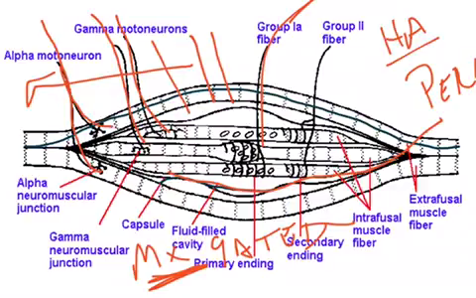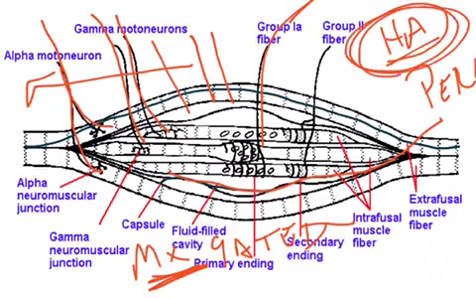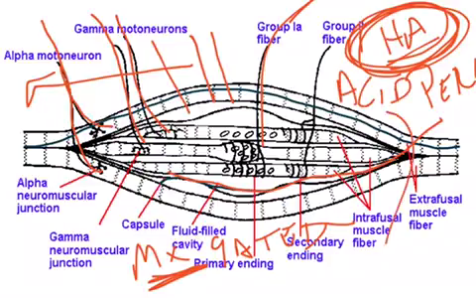Now, if I place the muscle spindle into an environment, or if I change the viscosity of the environment around it, in other words, let's take away some of the water from around the hyaluron, what would happen to the hyaluron? Well, its viscosity would rise. And one of the issues that causes water to go away from the hyaluronic acid is an acidic environment. So if we introduce our friend lactate into the system, and lactate's a byproduct of the ATP conversion in muscle, lactate's a byproduct of that.